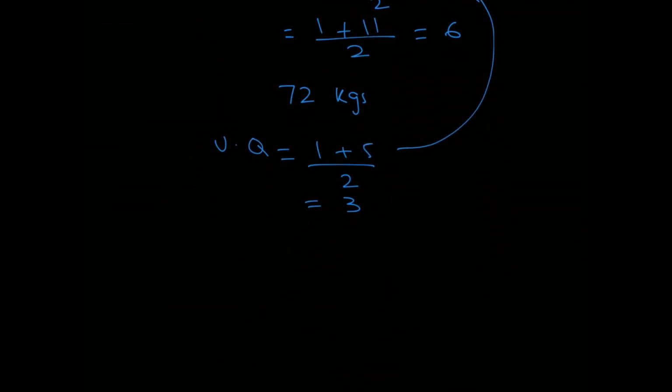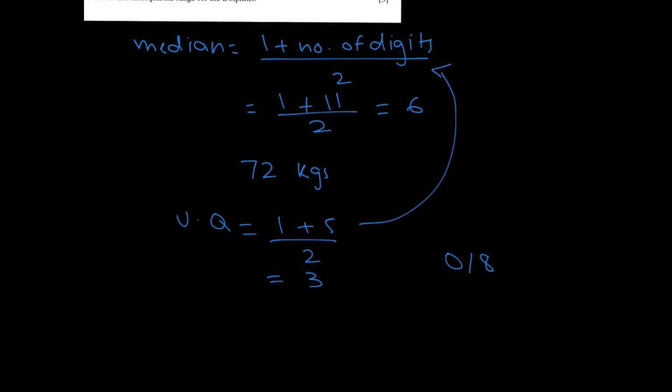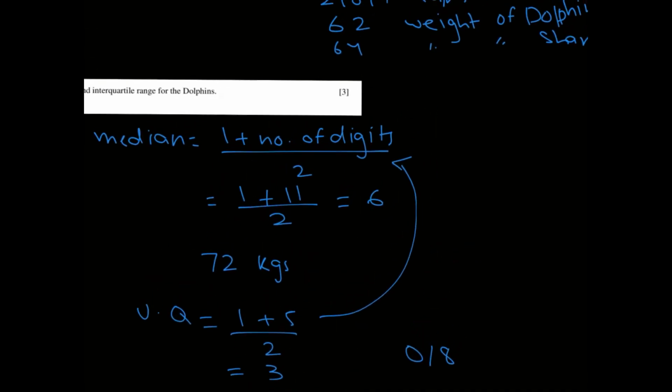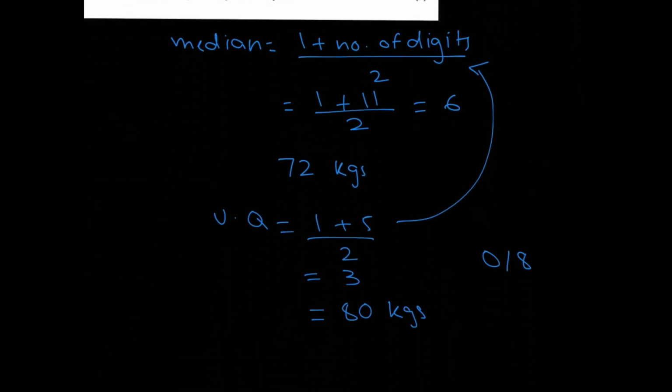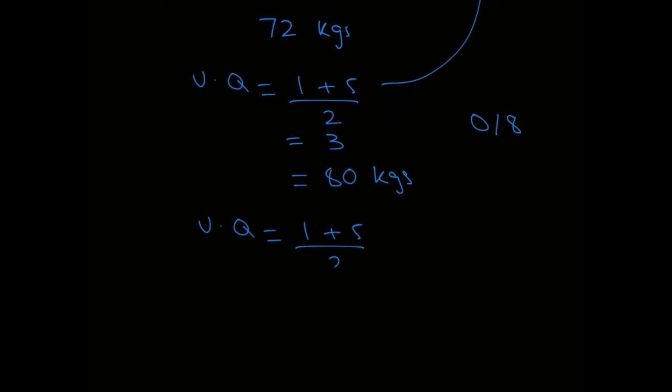So our upper quartile will be 0 | 8, which according to our key means 80. So 80 kgs is our upper quartile, and for lower quartile, we do the same thing. We just consider the values that are below the median.